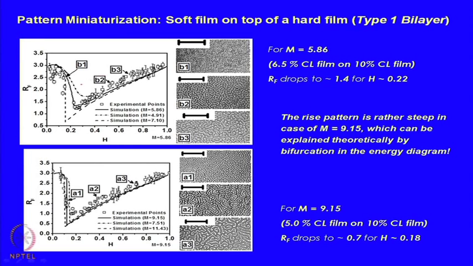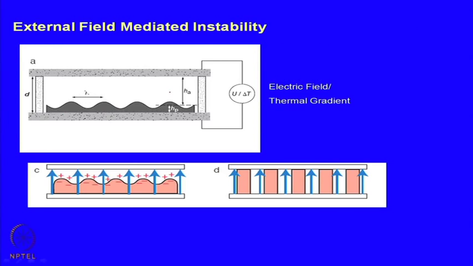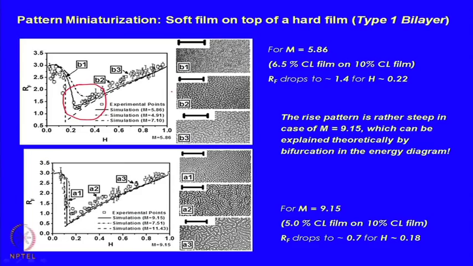In principle, it becomes possible to achieve a much reduced Rf. So, you can now start off with a film which is much thicker and achieve smaller features. Recently, this concept of an elastic bilayer has also been extended with ECL to generate sub micron lateral scale structures with elastic films. So, I think I will stop this lecture here.